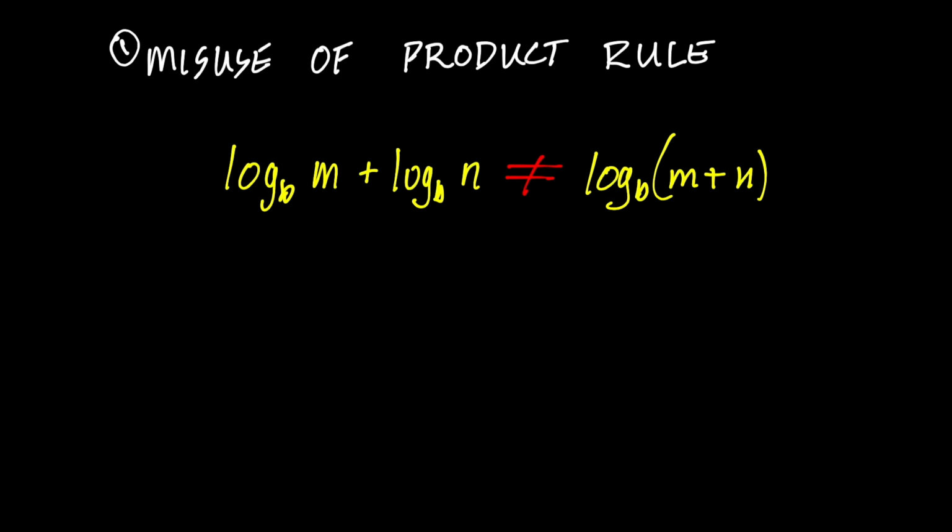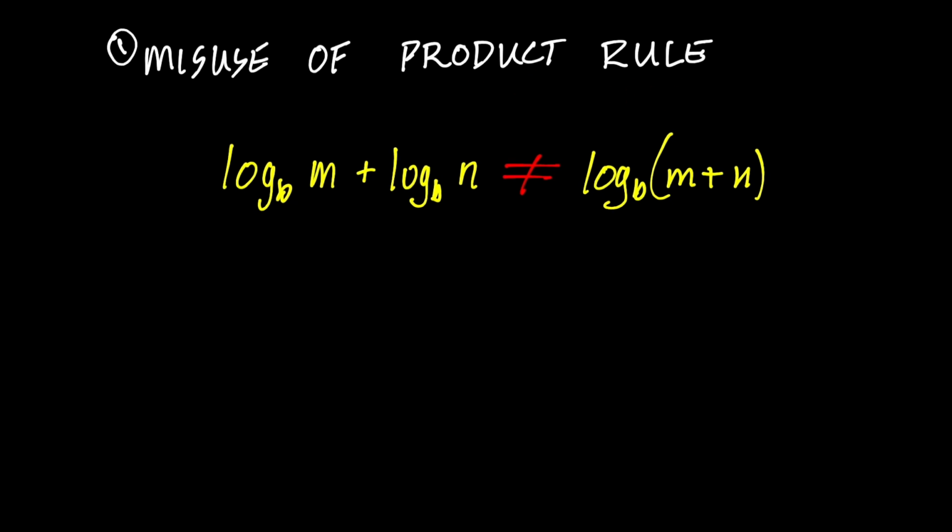Common misuse number one I see is misuse of what I call the product rule. When you have two logs that have the same base, log base b of m plus log base b of n, that does not equal log base b of m plus n. Rather, it equals the product of m and n.